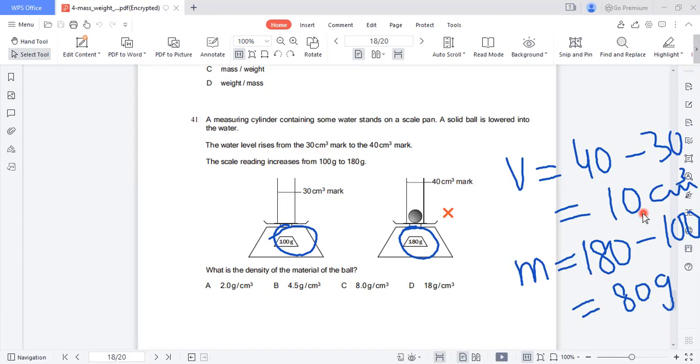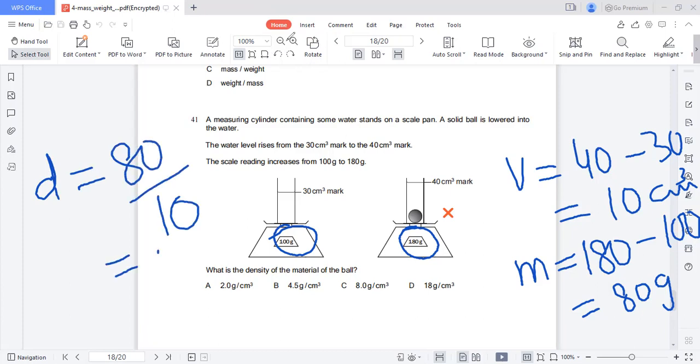Mass is 80, volume is 10. 80 divided by 10 is 8. Density is mass over volume, and it is 8. And our correct option is this one.